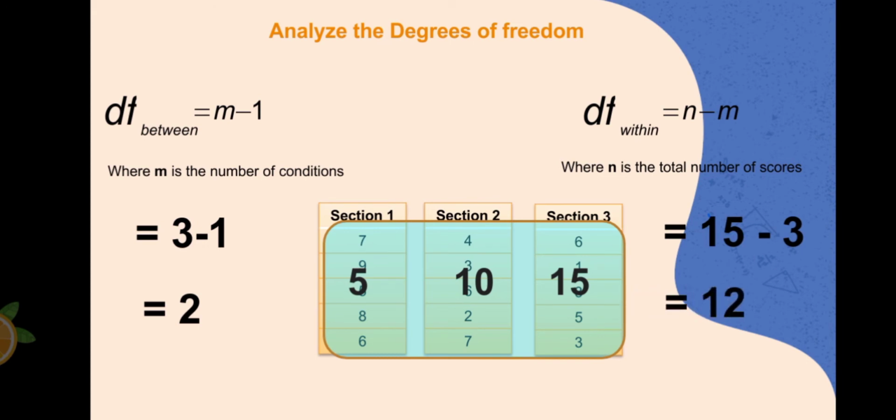So that's our degrees of freedom between and degrees of freedom within. We have to use these degrees of freedom to determine the critical value using our F distribution table that we will be looking at at the end of this video.